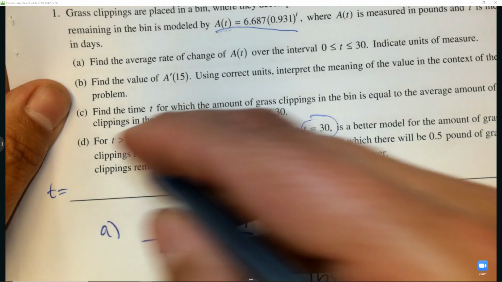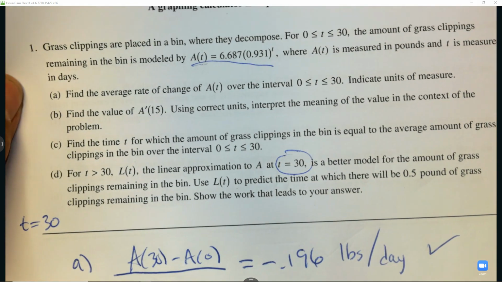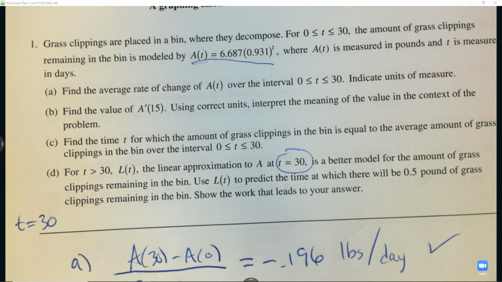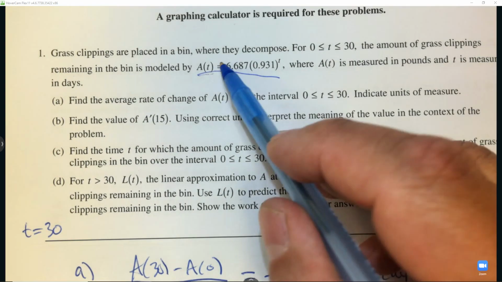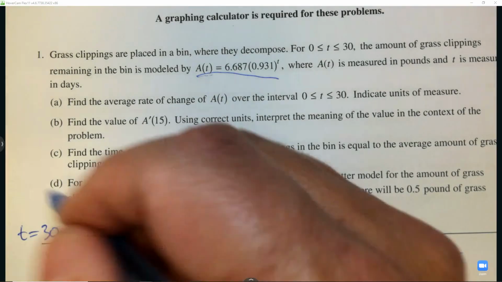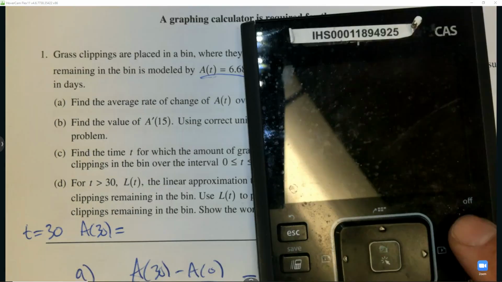So at t equals 30, t is 30. We need to know the y value. So can you plug in 30 here and tell me what the answer is? That's going to be the y value. So A at 30, that's ultimately the y value.